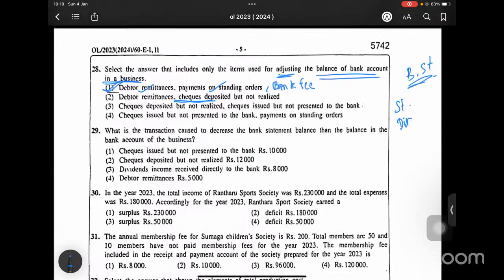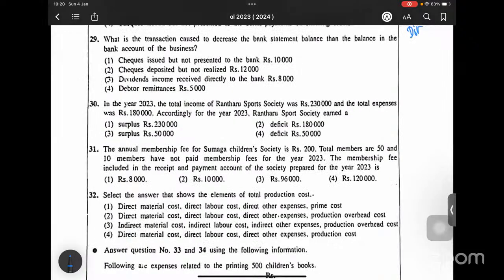What is the transaction that causes the bank statement balance to decrease compared to the balance in the bank account of the business? Yesterday also we saw a similar question like this, but it's vice versa. It asked about an increase in the bank statement, I guess.